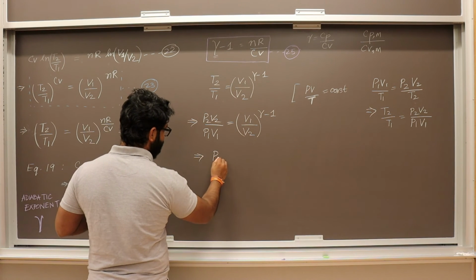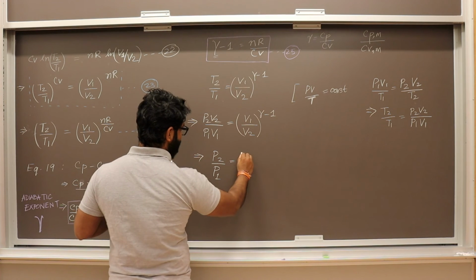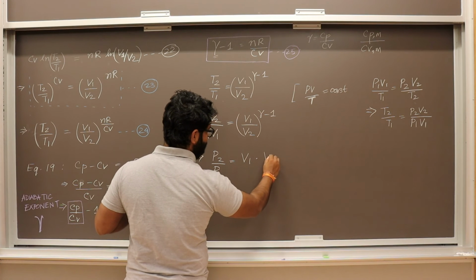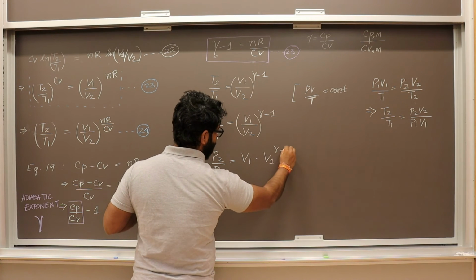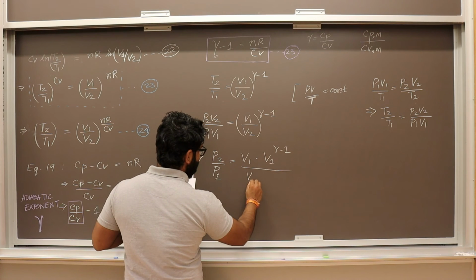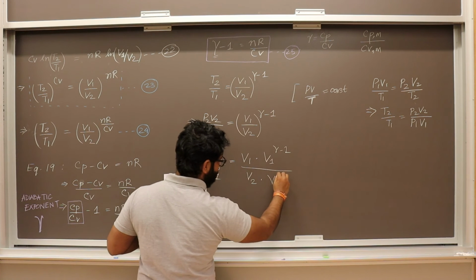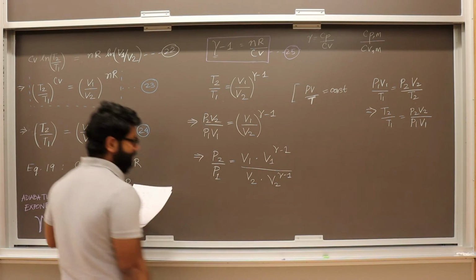So this becomes P2 by P1 equals V1 times V1 to the power gamma minus 1, over V2 times V2 to the power gamma minus 1.